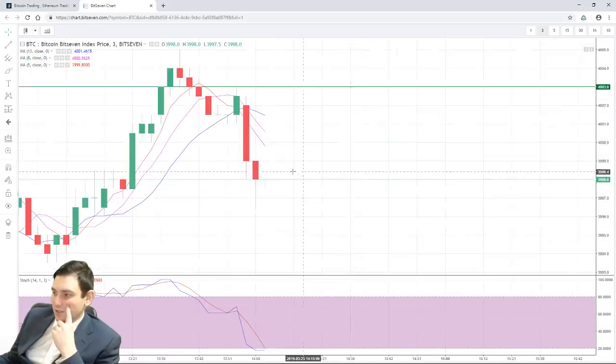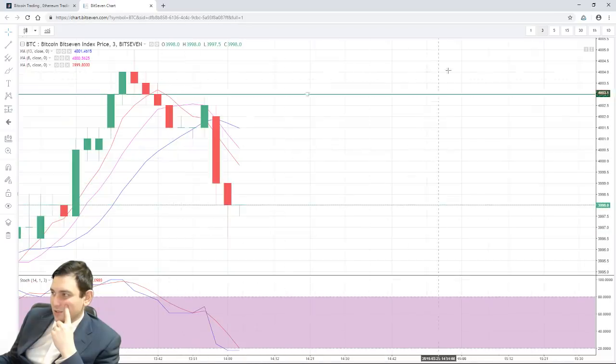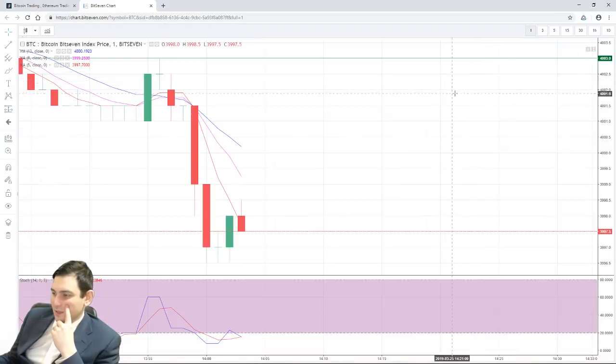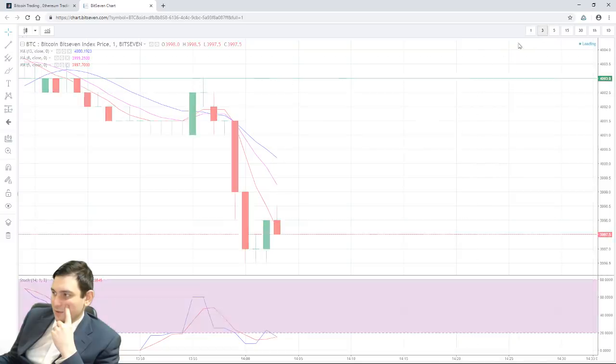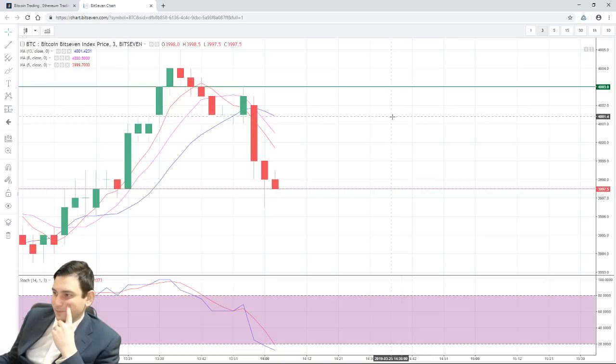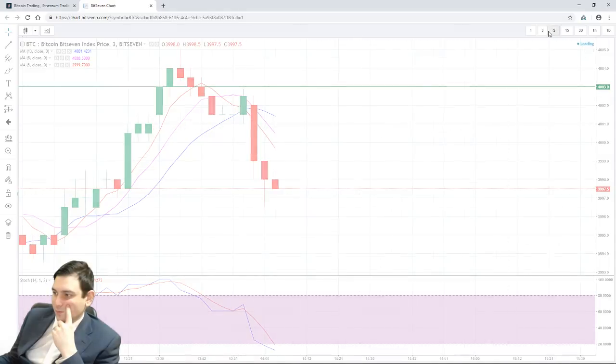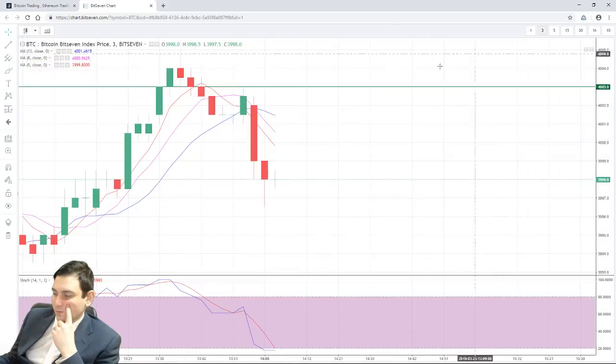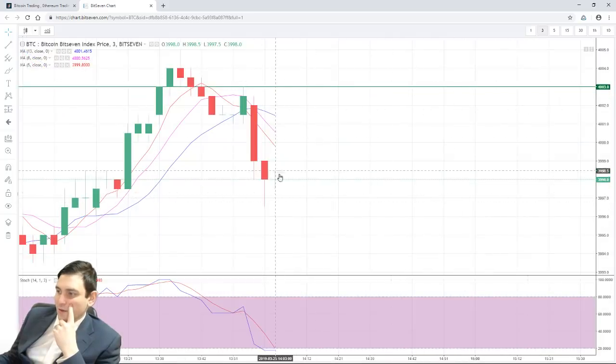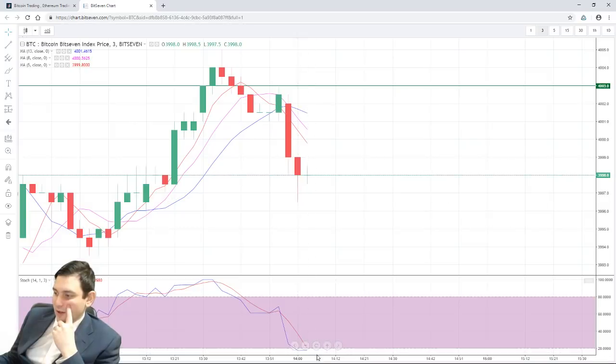Yes, doji. This doji is good, and here we have an oversold zone. So maybe we should expect it going higher.